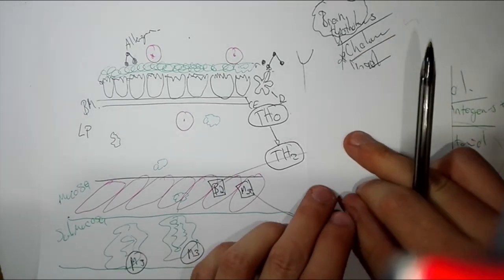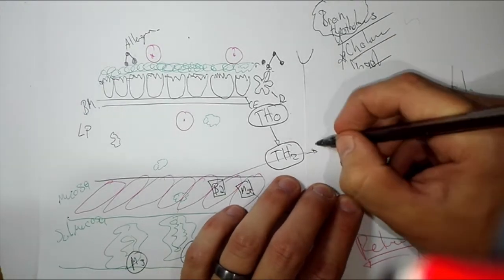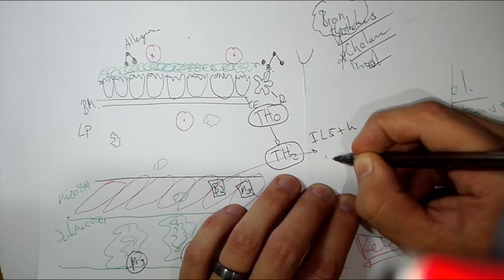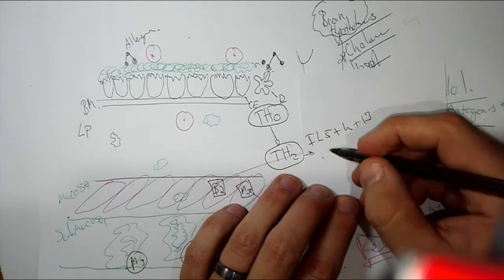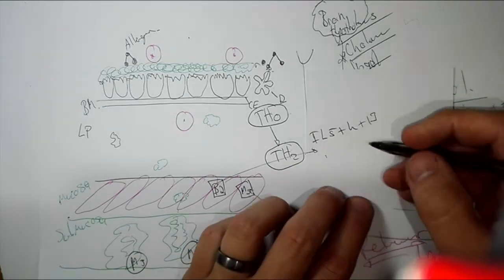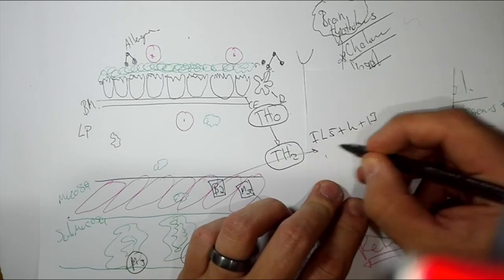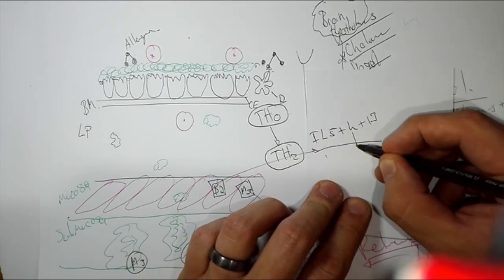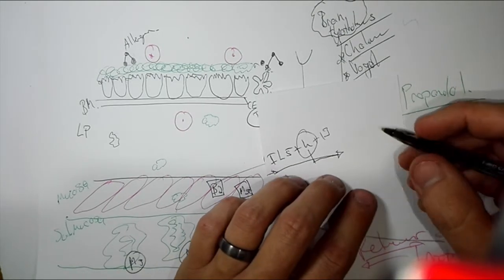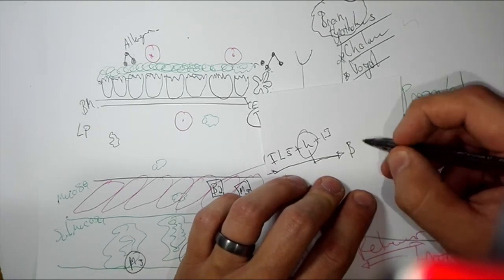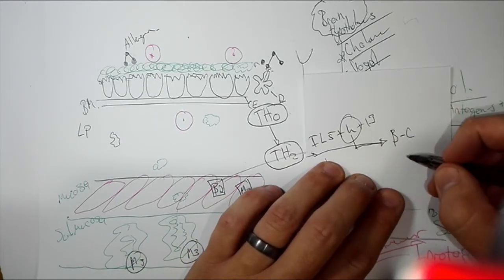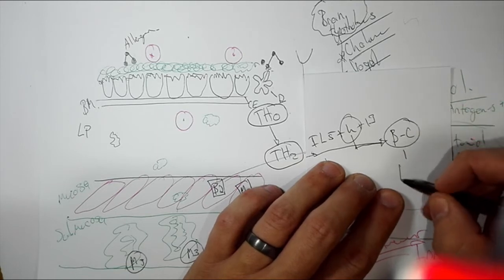These Th2 cells will now secrete interleukin 5, 4, and 13. Let me just remember which one. Interleukin 4 itself has been secreted. This interleukin 4 will stimulate B cells to become plasma cells.